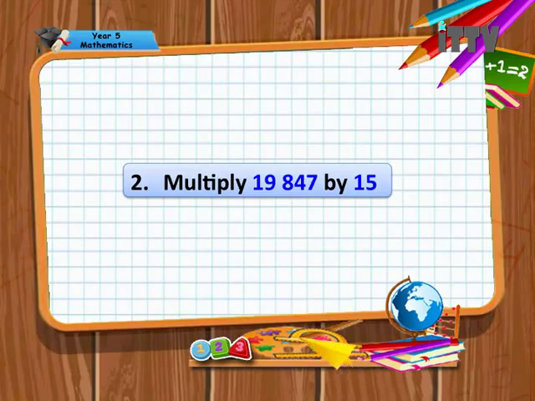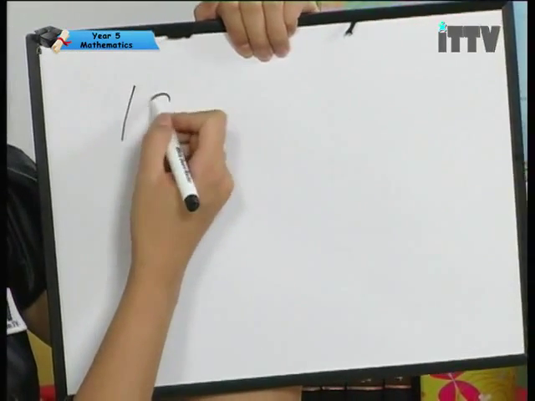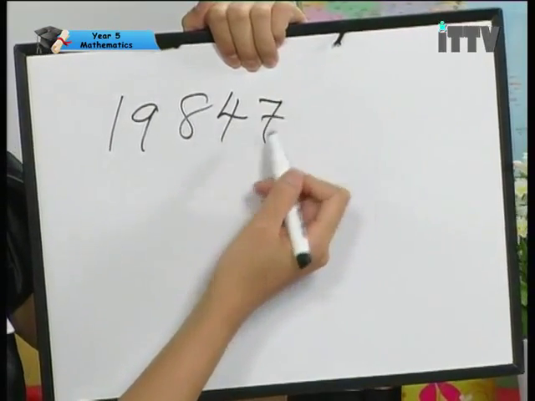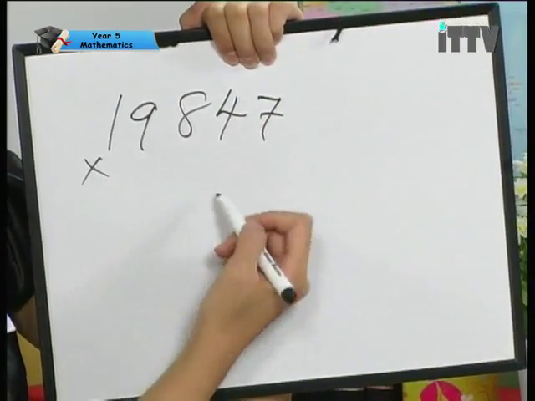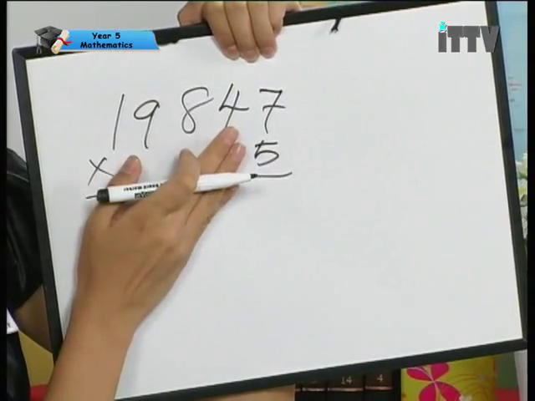Multiply 19,847 by 15. So now from the question, we have 19,847 multiplied by 15. So let's look at the ones first.